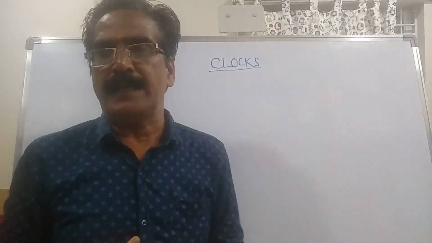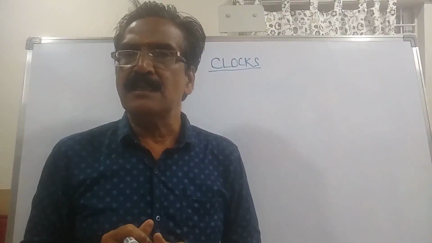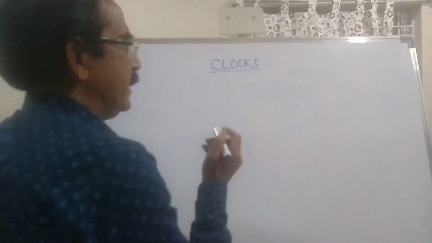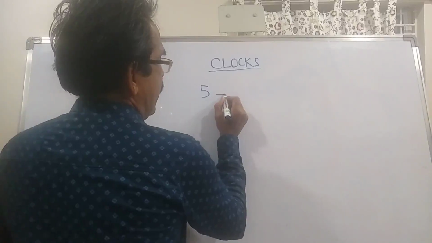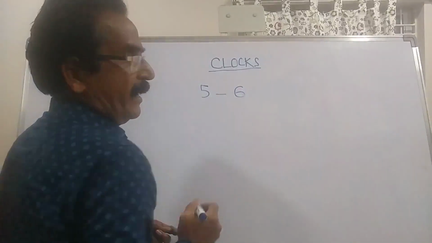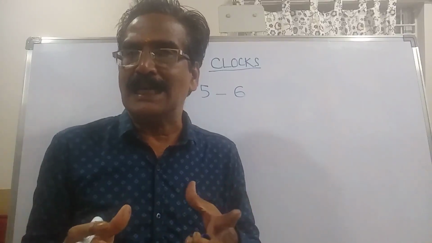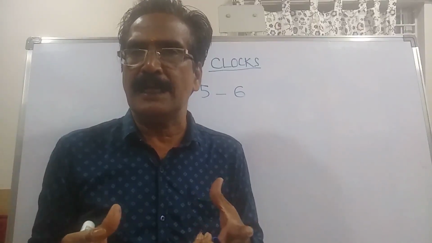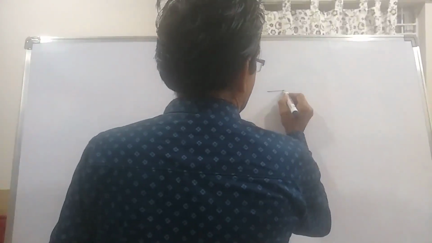See, the question will be like this: between 5 and 6, at what time are the hands inclined at an angle of say 90 degrees?